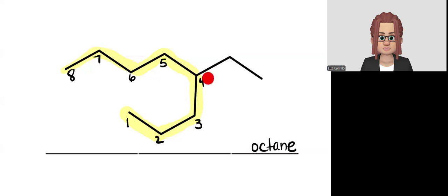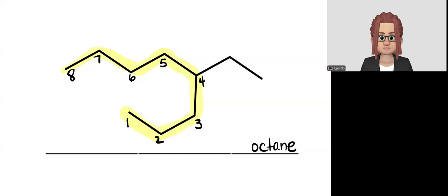At carbon number 4, I have a CH2 and a CH3. If you're not able to visualize that, after I finish naming it, I'm going to put in the carbons and hydrogens to ease the visualization, but understand that you need to be able to go from skeletal to condensed and vice versa in these type of questions.